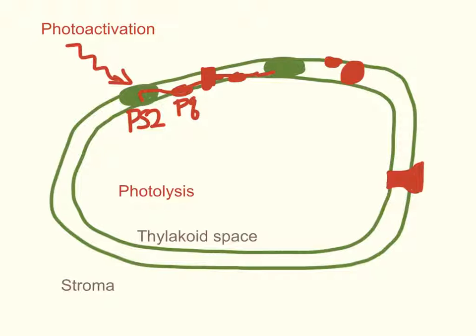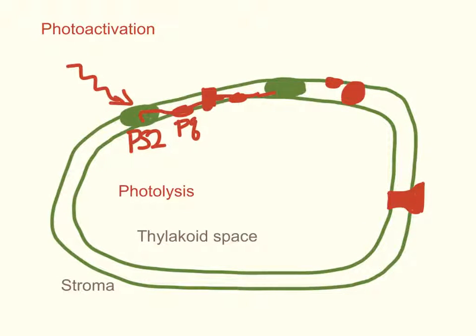Once the plastoquinone is reduced and the electron enters it, the chlorophyll becomes a very powerful oxidizing agent. There are water molecules floating around inside the thylakoid space, and those water molecules are going to immediately break up into oxygen and 4 protons and 4 electrons.